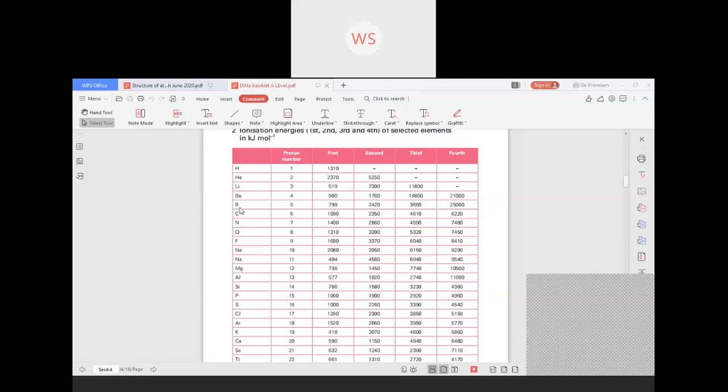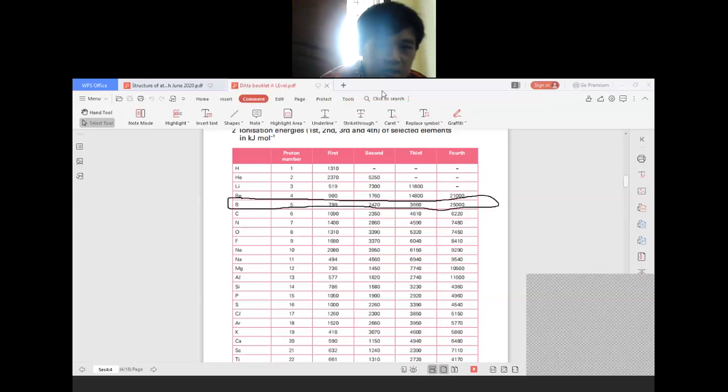Boron here. Okay. Boron, this one. So what is the value of the third ionization energy?